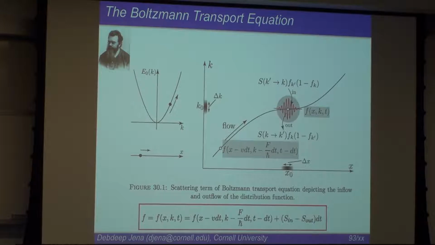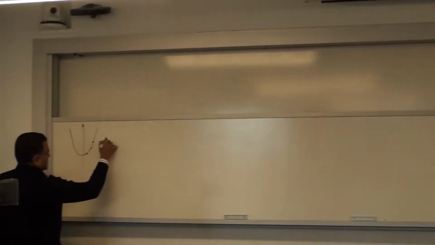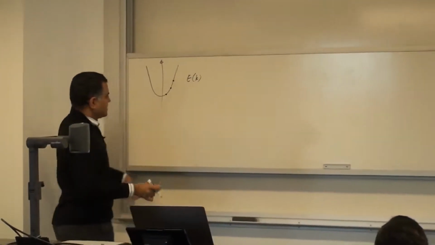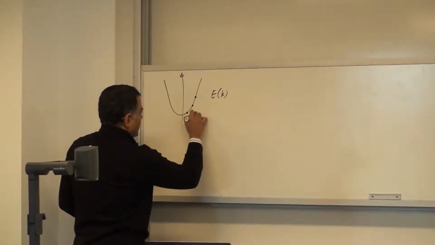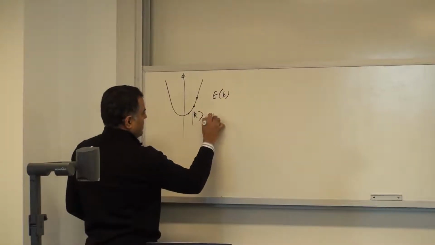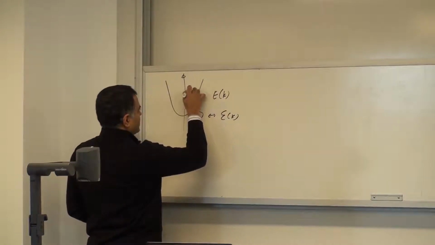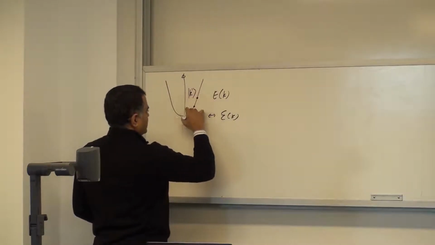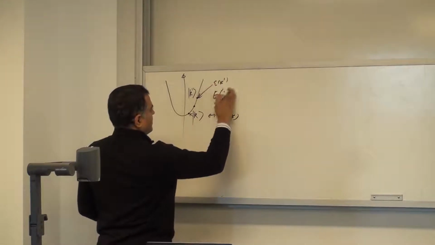And if my electrons are in any band, I sketch a parabolic band, for example, but it can be any band really that they find themselves in a crystal, and if I have states k with the energy E of k and states k prime, just labeling them like that, E of k prime.